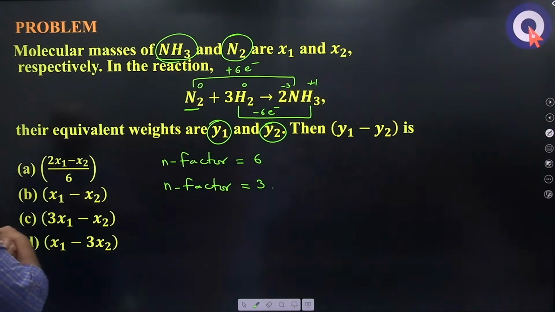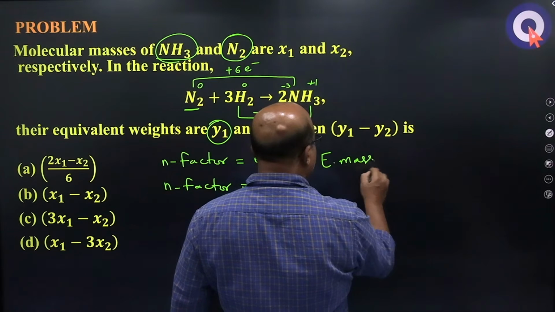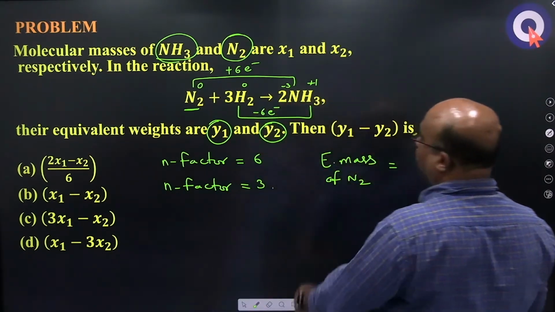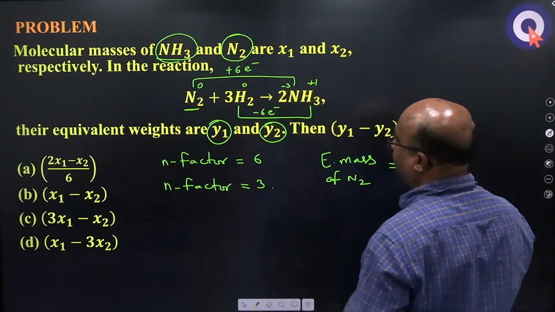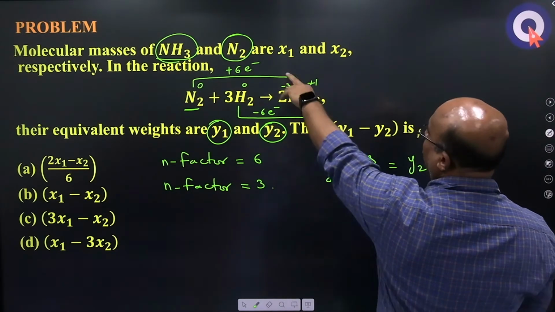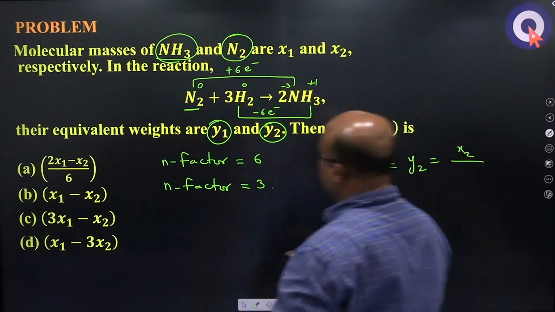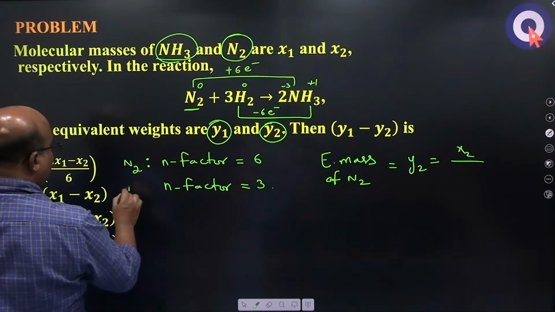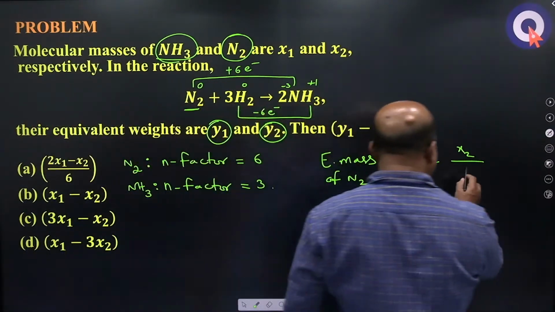The equivalent mass of nitrogen is Y2, which should be equal to the molecular mass of N2, that is X2, divided by the N factor of N2. So this is the N factor for nitrogen, and this is the N factor for NH3. That is nothing but 6.